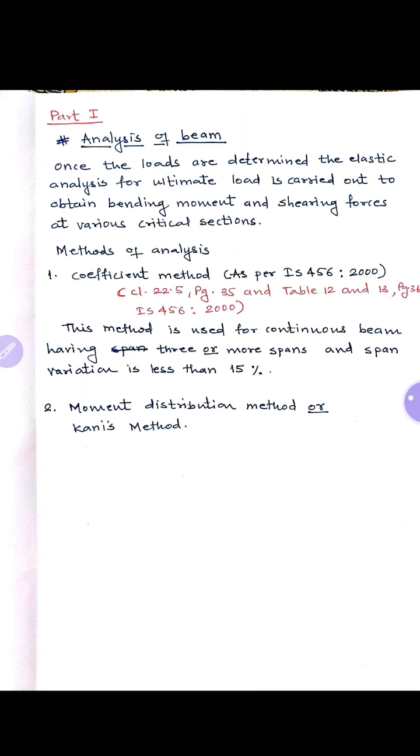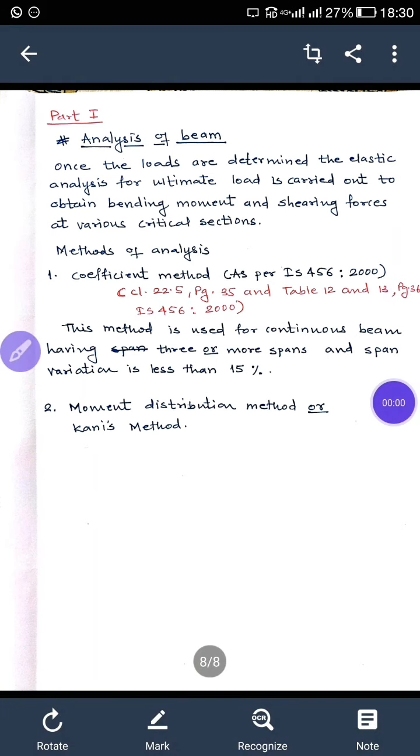If it is not so, meaning the continuous beam has fewer than 3 spans, like a 2 span continuous beam, or the span variation is more than 15%, or there is loading variation, like one span subjected to UDL and the other span subjected to UDL plus concentrated load, in that case we are not supposed to use the coefficient method, but we use the moment distribution method or Kani's method.